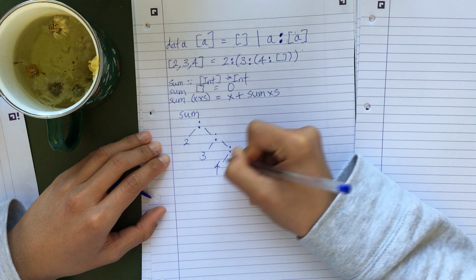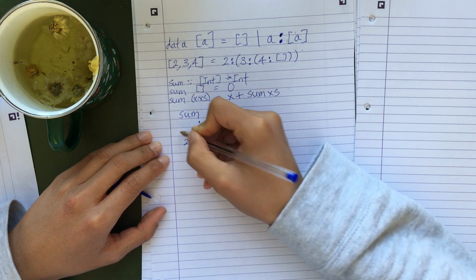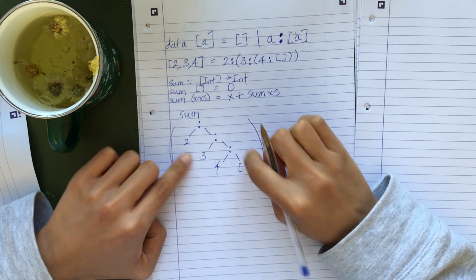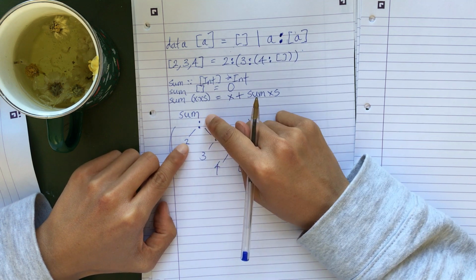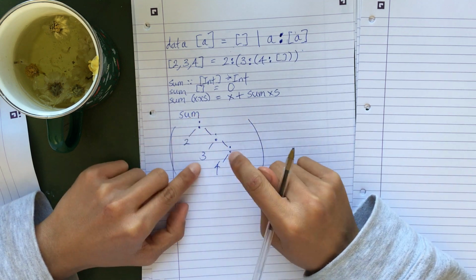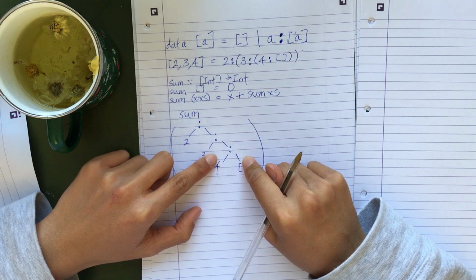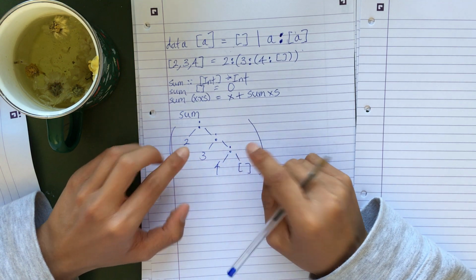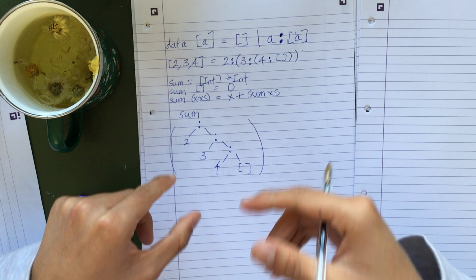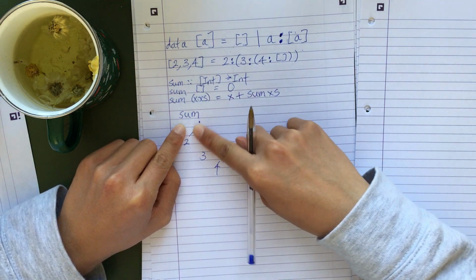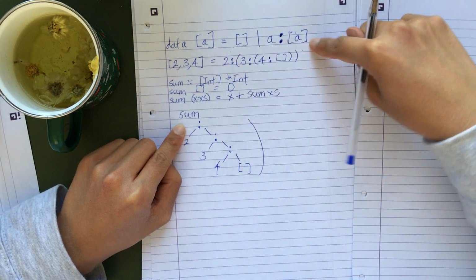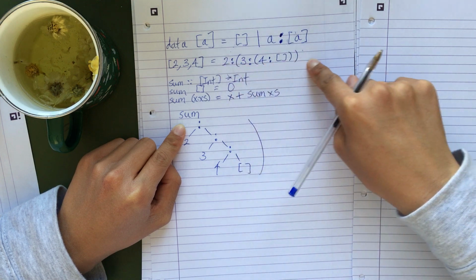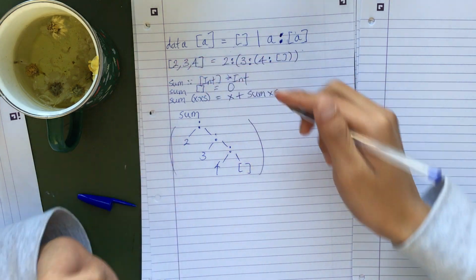I'm going to write a list in tree form like this. So we could look at this as: this list is 2 cons onto the rest of the list, which is 3 cons onto the rest of the list, which is 4 cons onto the empty list. And I write it like a tree. Actually, this is the expression tree of the cons list. It is exactly this expression, but in a more readable form.